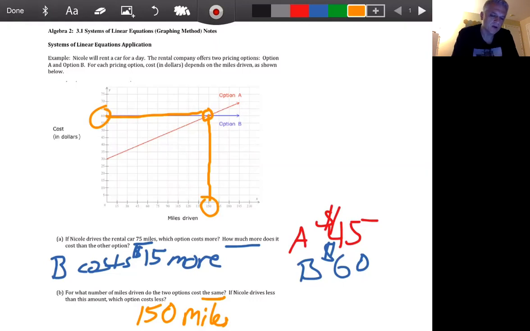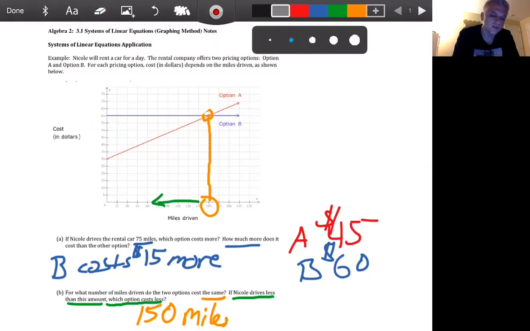Okay, so now it says, if Nicole drives less than this amount, which option costs less? So if she drives less than the 150, which of the two options, the blue or the red, will give her a lower bill or a lower cost?